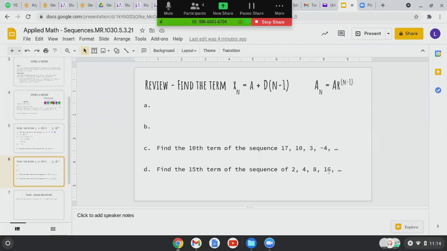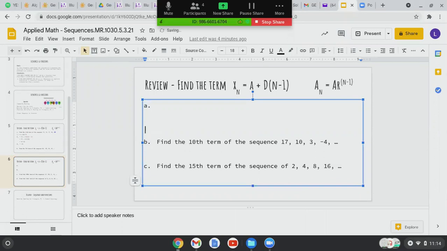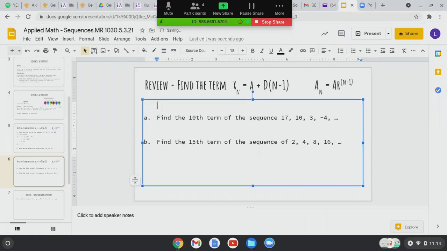All right, so we're going to move these up. And of course, as we take these out, the letters are going to change, but don't worry about that. Because we're going to move it up so that we can do the math.